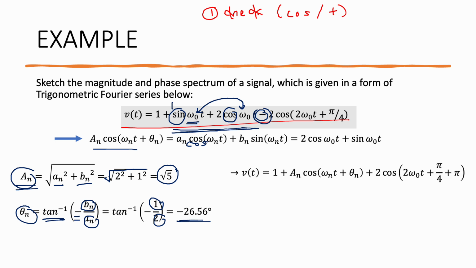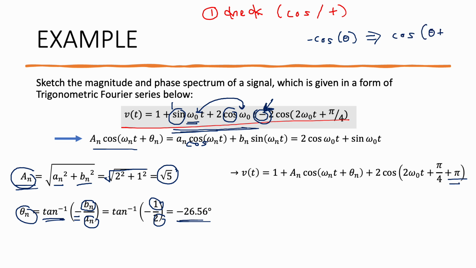Next, don't forget, we need to change the negative behind here to become positive. So from negative to change into positive, negative cosine to become cosine, we need to add pi, right?